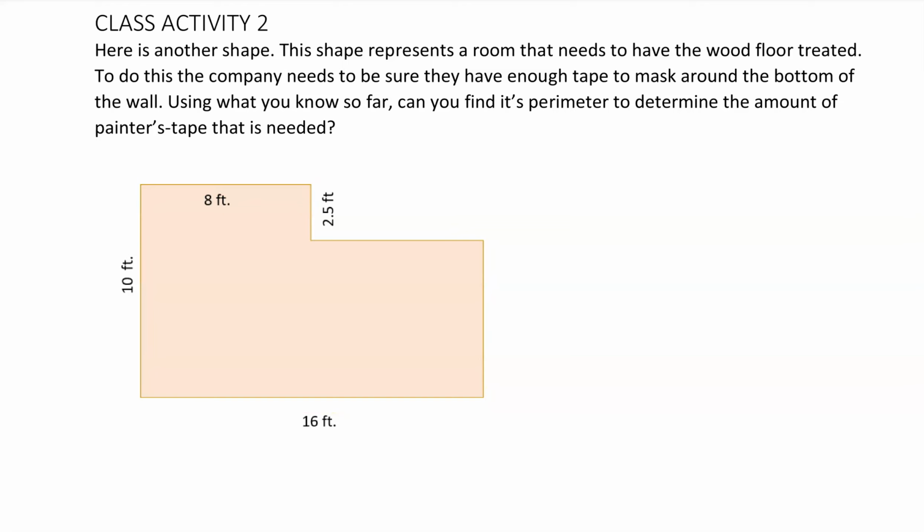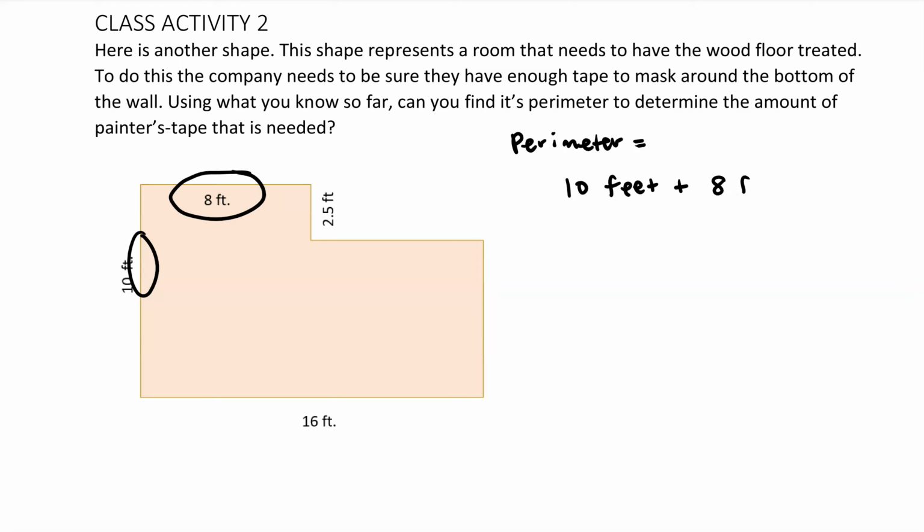So let's do that step by step. The perimeter is equal to, I'm going to take this length first, so we know that that's equal to 10 feet, plus we know that this side length is equal to 8 feet, and we know that this here is 2.5 feet.